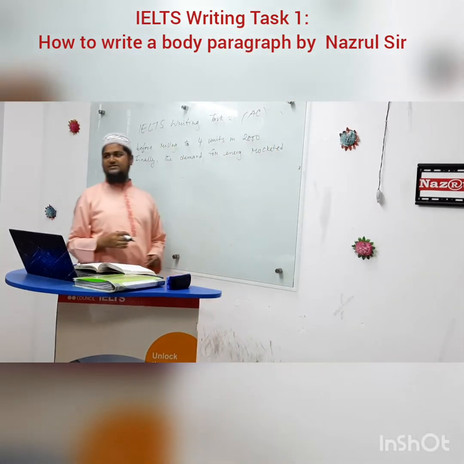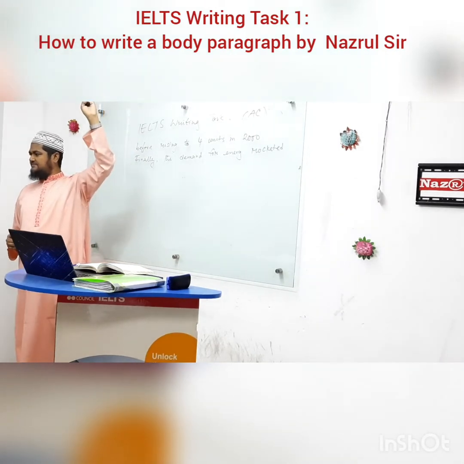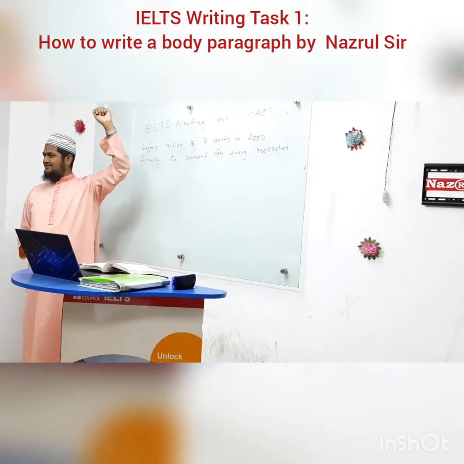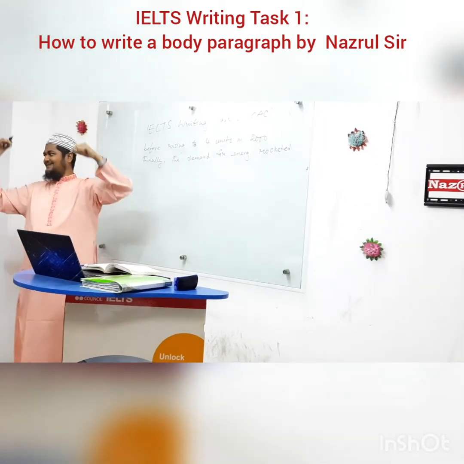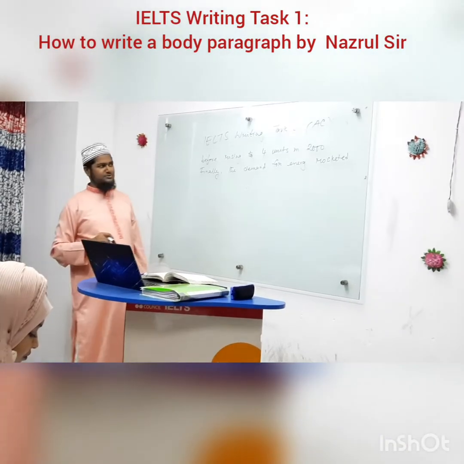Rocketed means went up rapidly with force. Clear? Like the rocket.